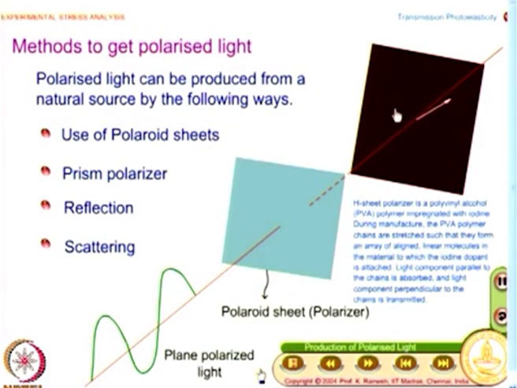So, I have a natural light which is so random, the magnitude as well as direction keeps on changing, and the moment you put a Polaroid sheet, you have a plane polarized light coming out after the Polaroid sheet, and this is only a statement.